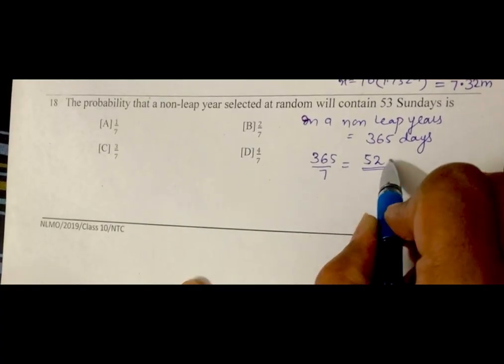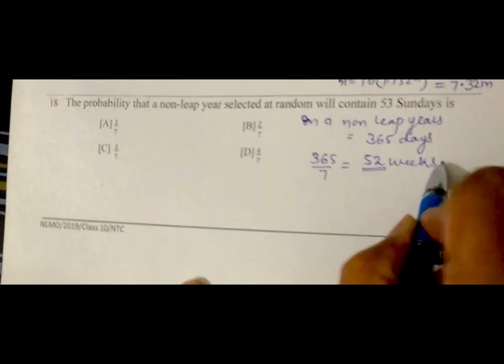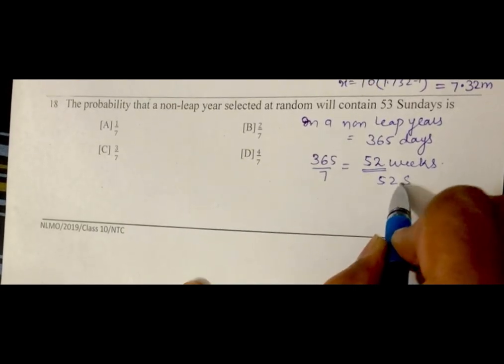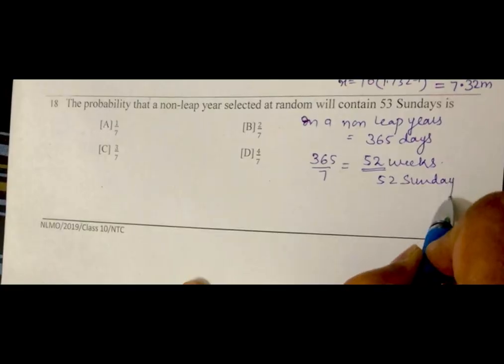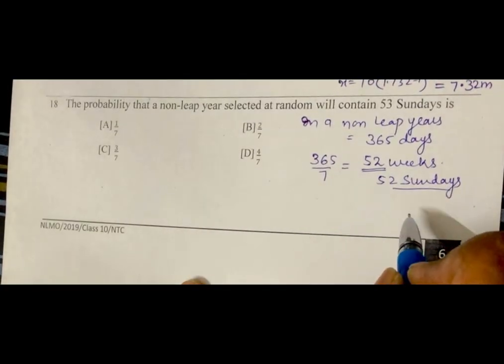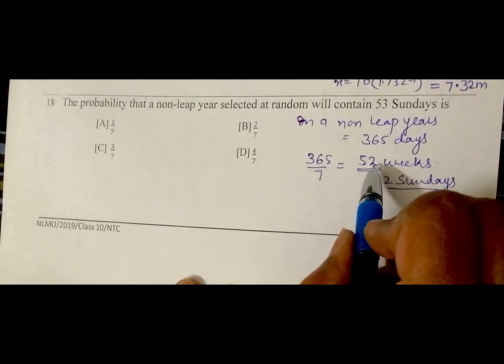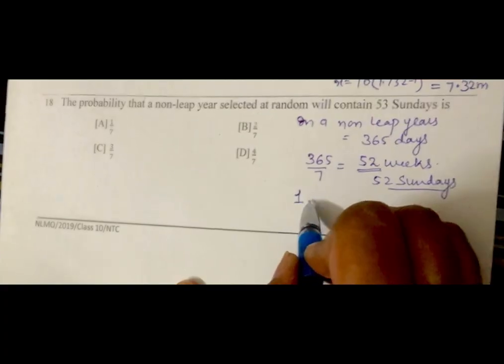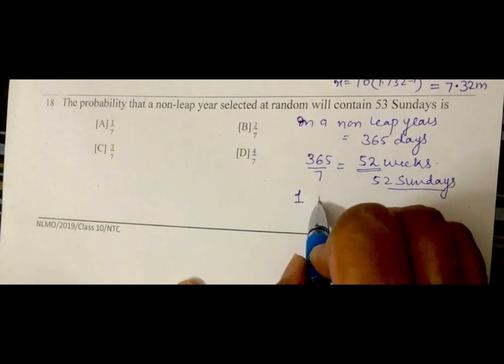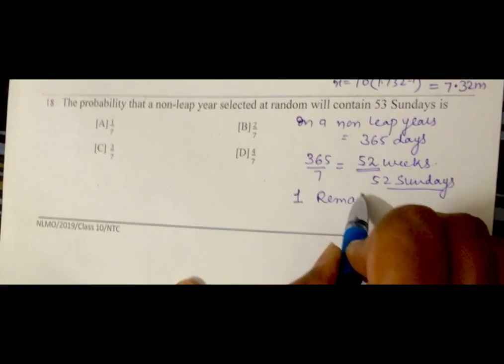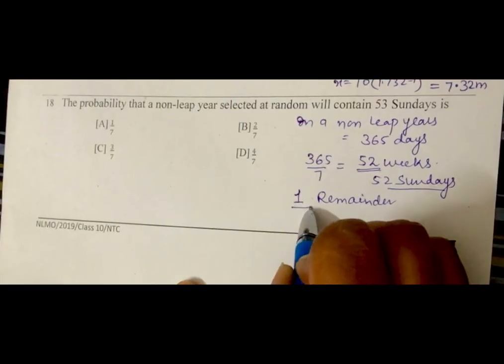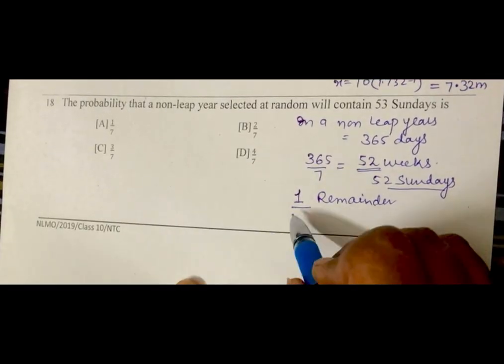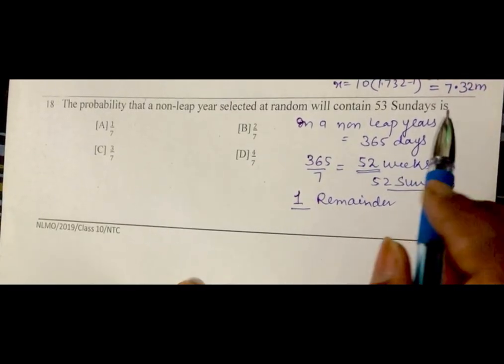So we have 52 weeks, that is 52 Sundays will be there. But 1 day is the remainder. So this remainder day can be one of the 7 days.